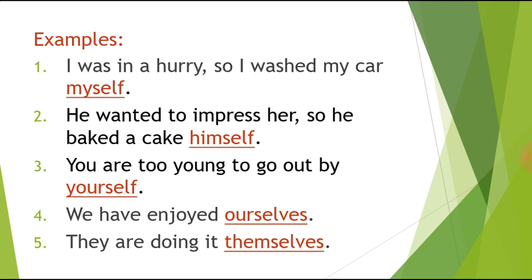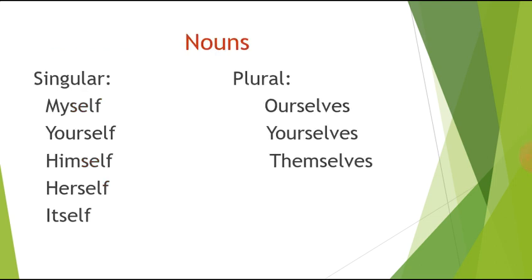So here ourselves is used for we. Now next sentence is, they are doing it themselves. So themselves is used for they. Now in these examples, myself, himself, yourself, ourselves and themselves are the reflexive pronouns.